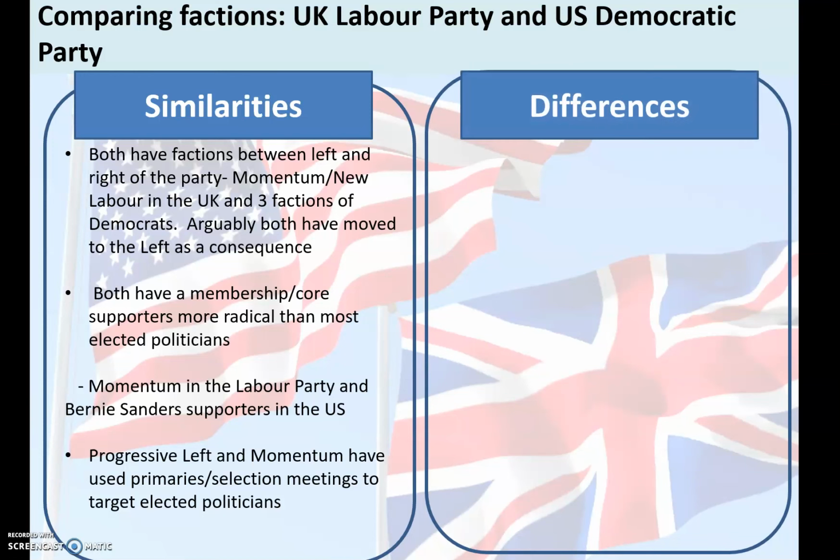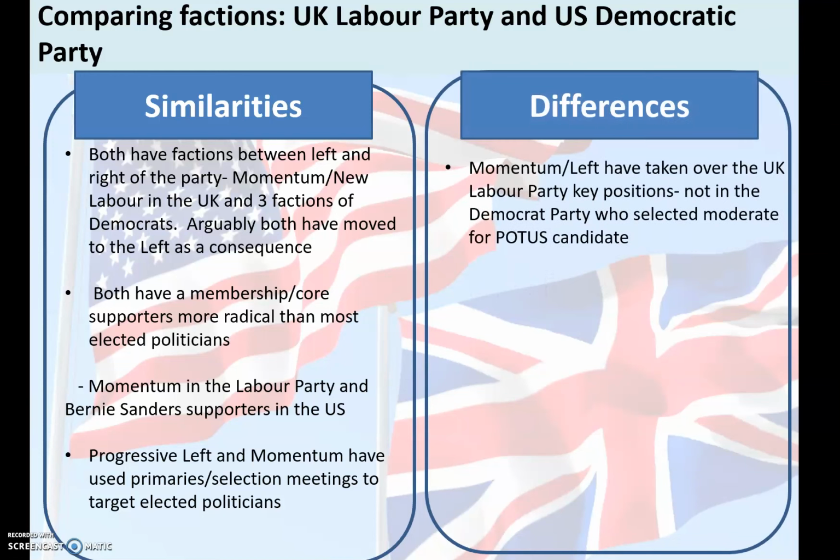In terms of differences, you could argue that Momentum and the left of the Labour Party took over Labour and its key positions. So not only was Jeremy Corbyn elected the leader, and he then appointed lots of quite left-wing people into key positions like the General Secretary of the Labour Party and all these sorts of key positions. Whereas in the Democrat Party, the Progressive Left have never actually dominated it.